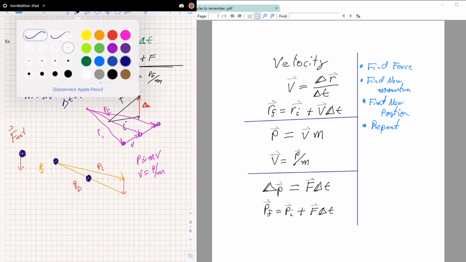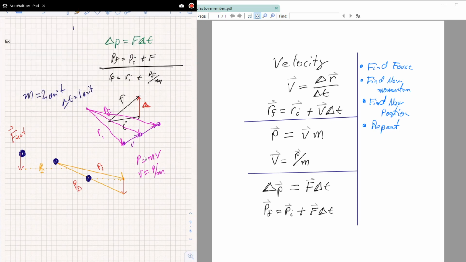I could cheat a little bit here, and I notice, oh, look, the momentum is going to be somewhere along that line. So all I need to do is figure out how far down it's going to go. So that's 1, 2. So here's my new momentum point. Let's do that in yellow. All right, the new momentum is going to be 6 down.